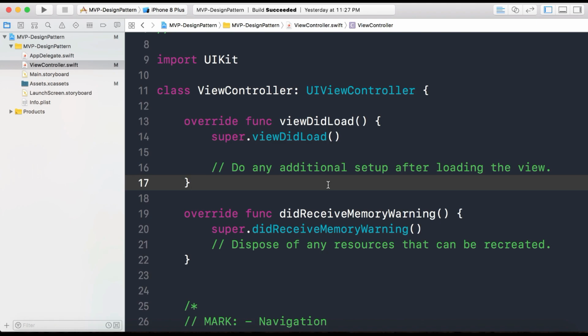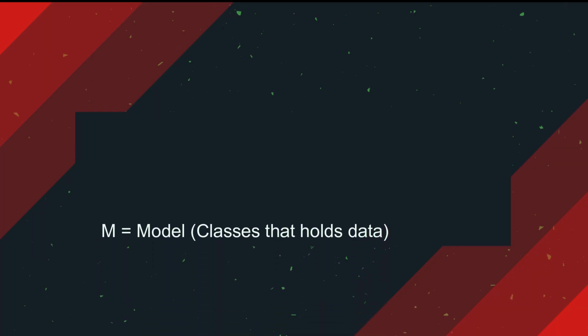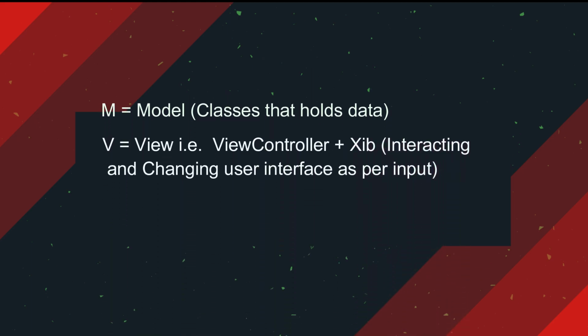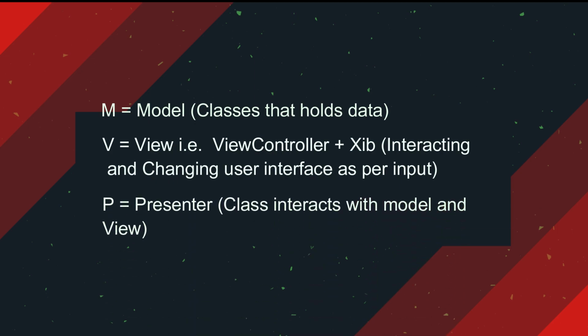In case of MVP, the controller is replaced by a presenter. So M stands for model, view stands for both our XIB and view controller, and P for presenter.